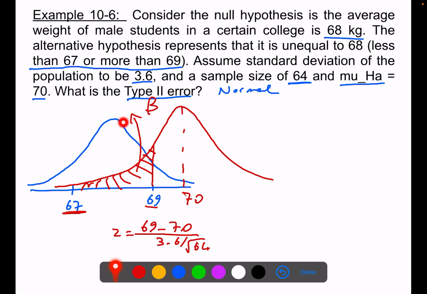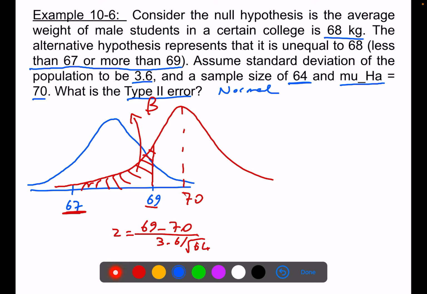So we are calculating the probability that the population mean is 70, but our sample of size 64 has a mean of around 68, right?